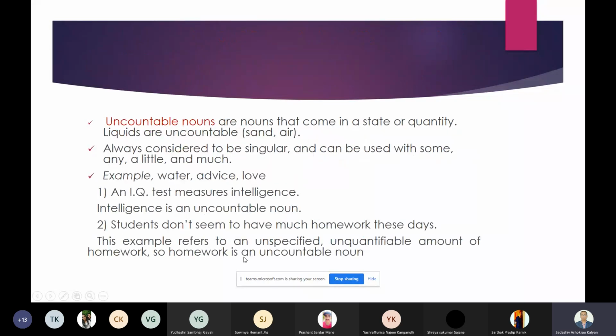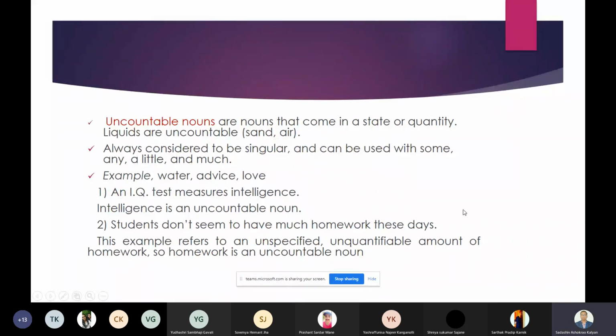Like the uncountable noun, which we cannot count. Here, especially whenever we are using liquids, they are considered uncountable. We cannot count the air, sand.